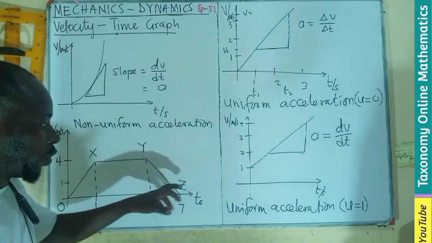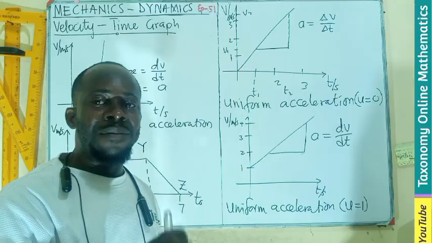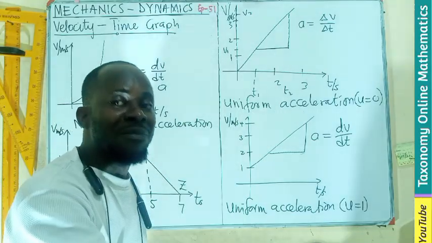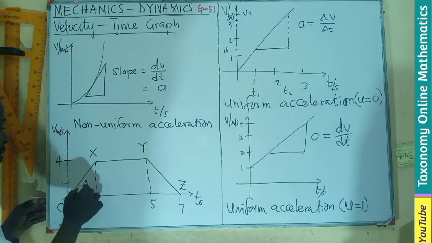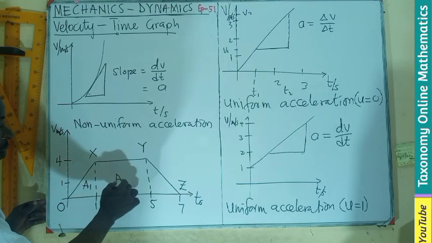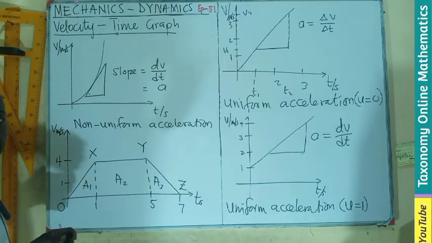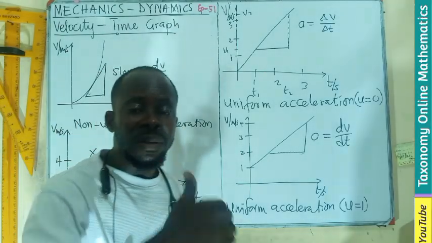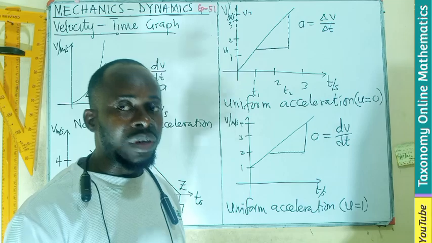Now, remember the notes we have, which talk about the area under the curve representing the distance covered. So if I'm looking for the area, I can find the area of this, and the area of this, and the area of this. Add them together to represent the total area covered, which is going to be the total distance covered.